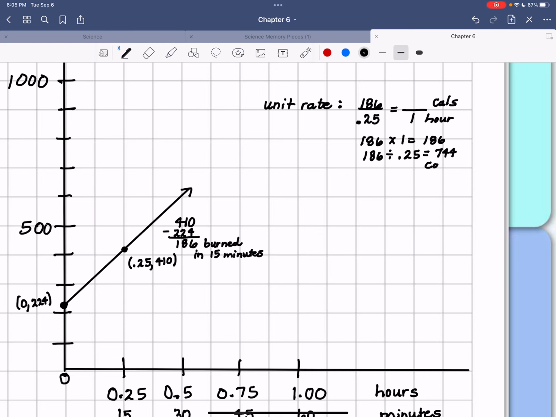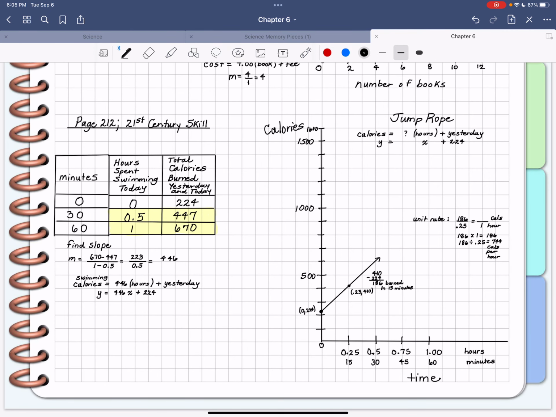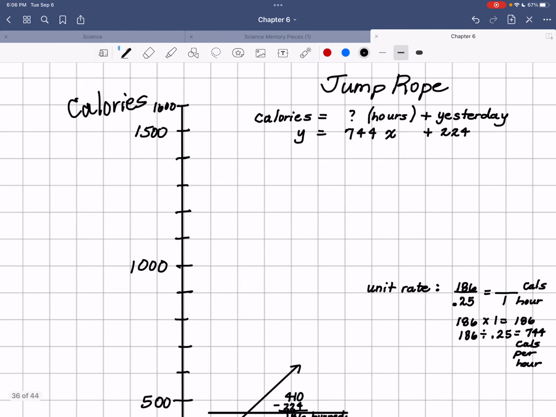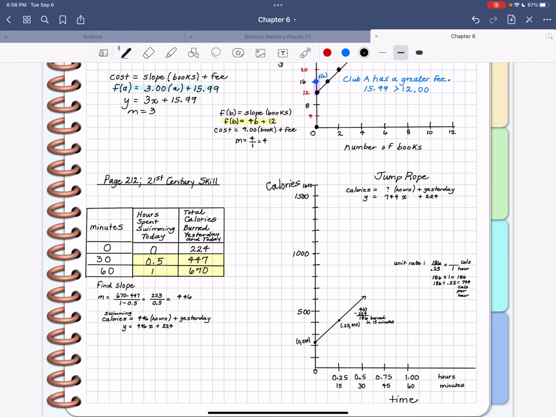So that's 744 calories per hour jumping rope. Now, I can already tell you that he's going to burn more calories per hour jumping rope than he is swimming. Okay, so once you get those nailed down, let's take a look at the questions.